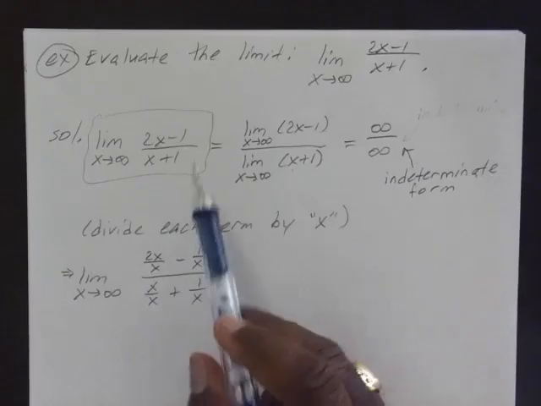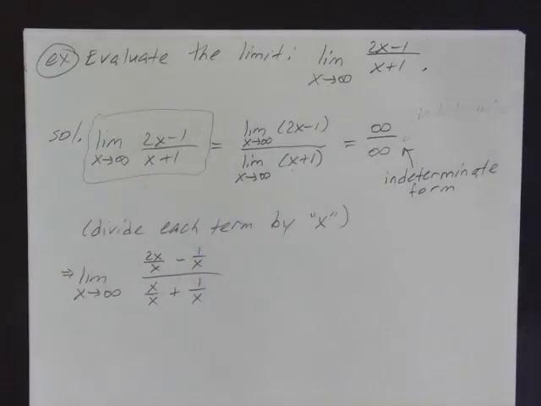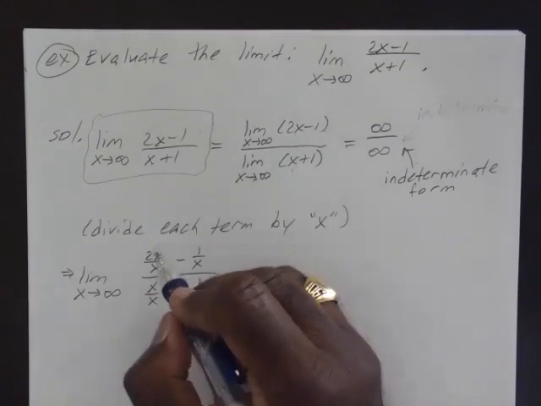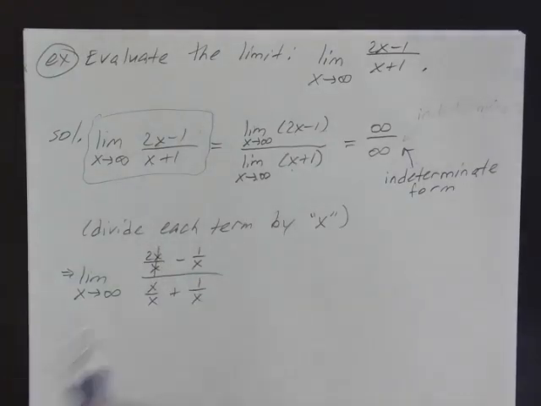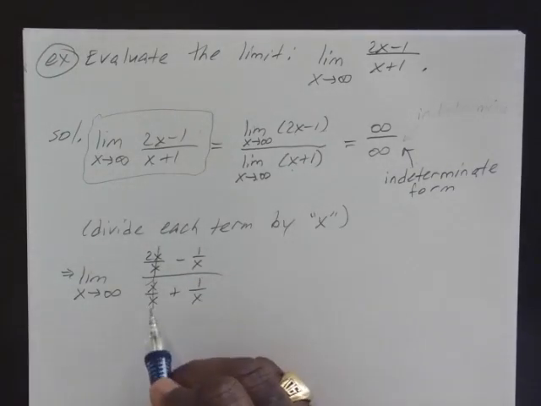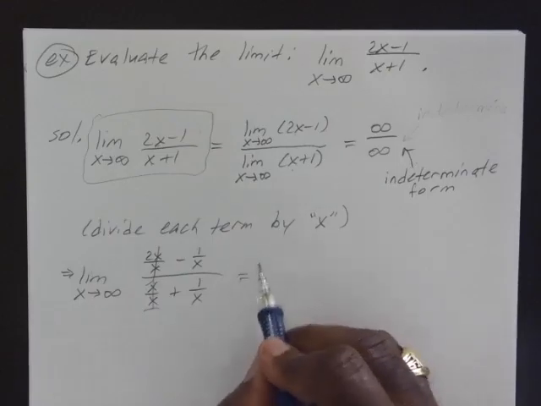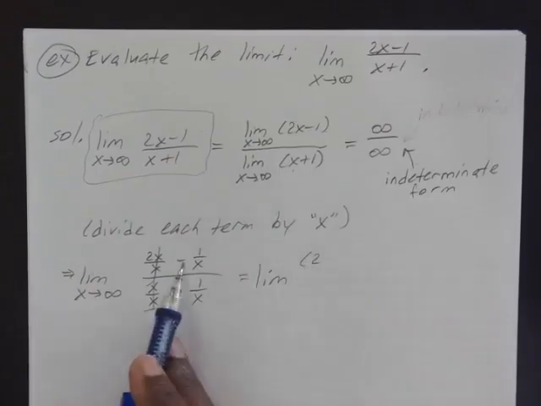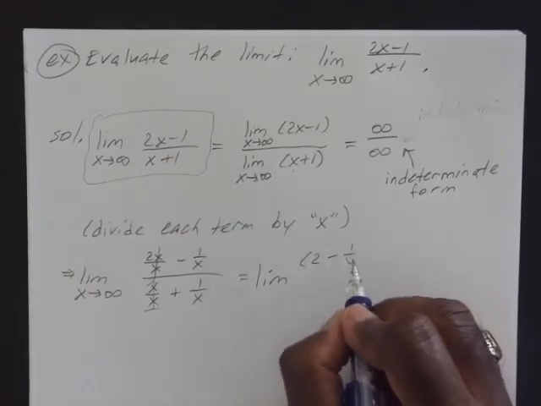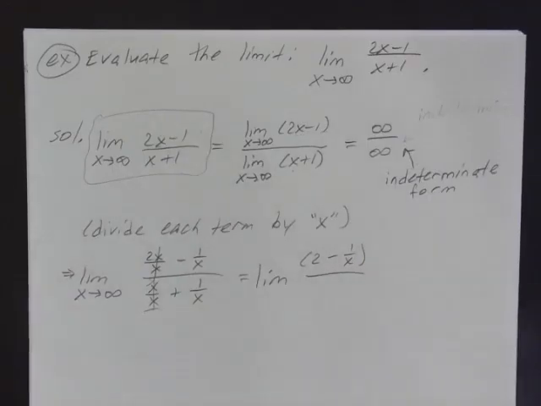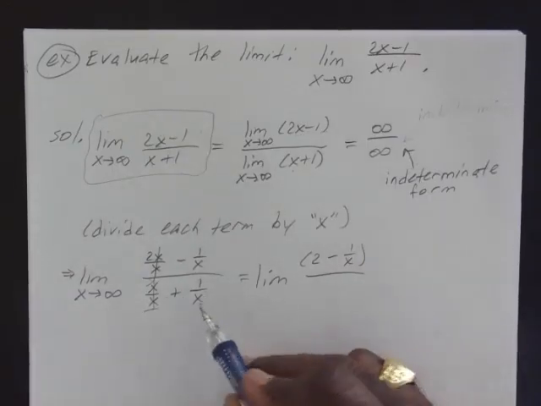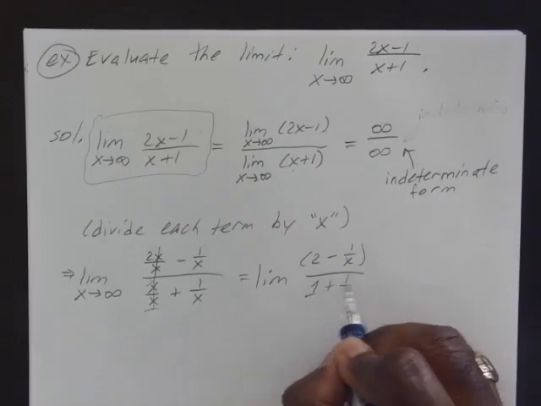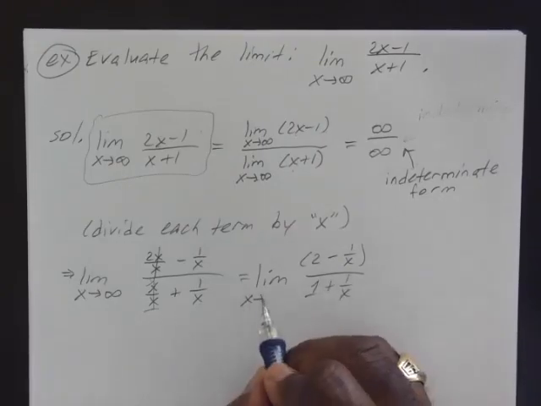Which is just the same as multiplying the numerator and denominator by 1 over x. Okay, so we see these two x's cancel each other out. These two cancel each other out and become 1. That gives us the limit of 2 minus 1 over x divided by 1 plus 1 over x as x approaches infinity.